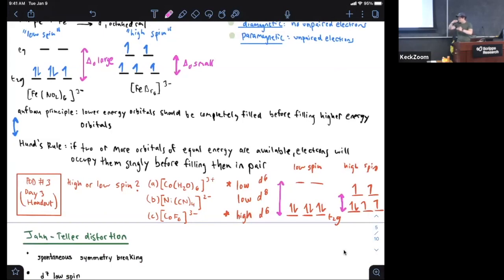So reducing the splitting energy now gives you the opportunity to occupy the higher energy orbitals, which ends up making a high spin. Does that make sense, Tom? Thank you.